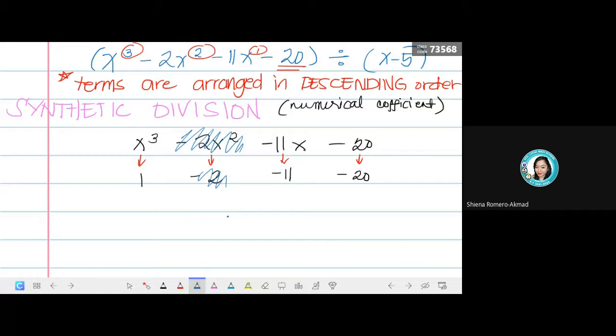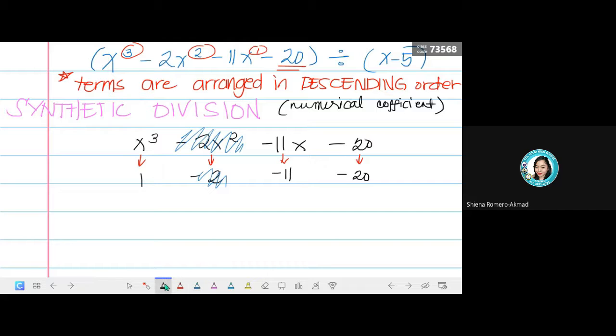Pag walang term, kunwari ang given lang natin ay x cubed minus 11x minus 20. What is that number that can replace yung missing? Think of a number that will represent the word wala. Of course, that is 0.